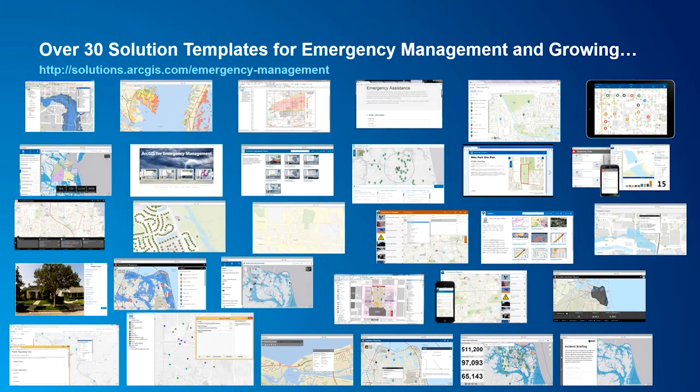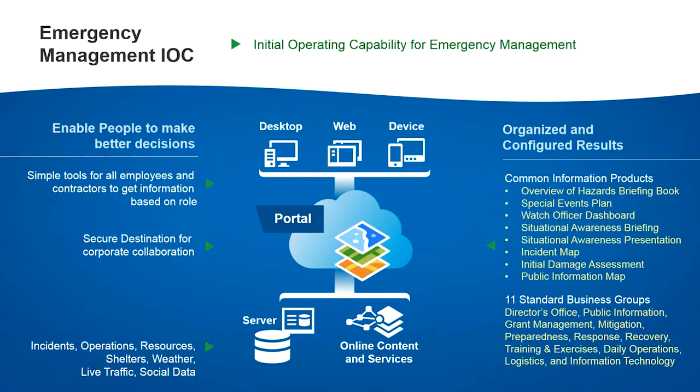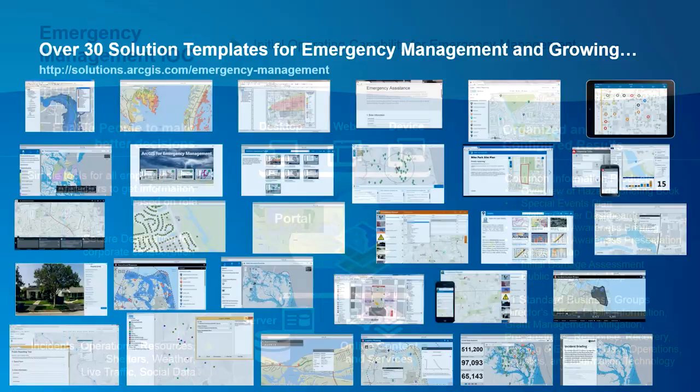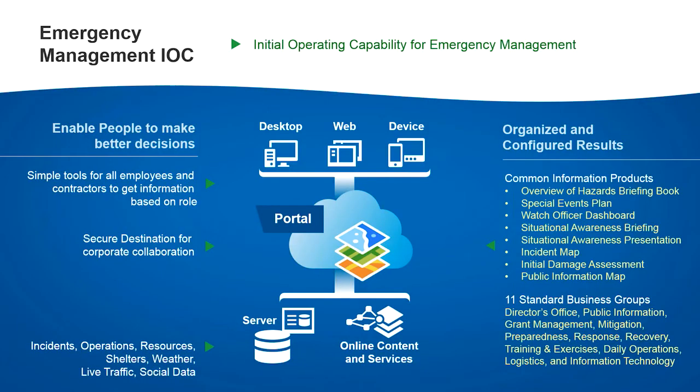So even though we provide them all in one place, and you can see the link to where you can go find them all there, what we've done is we've boiled those down into an initial operating capability. An initial operating capability for emergency management. This is where we think, based upon what we see and we know, is a good place to start.